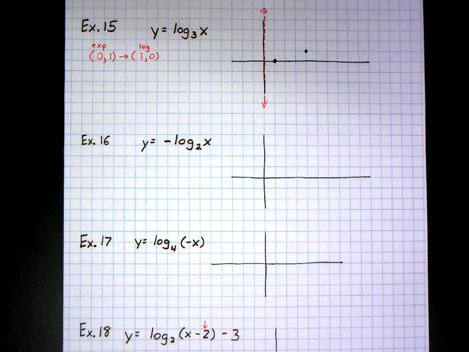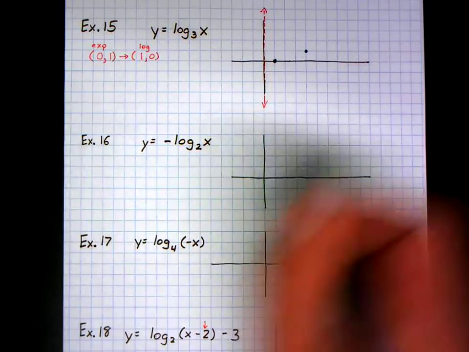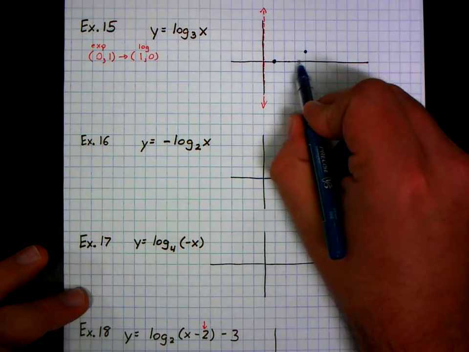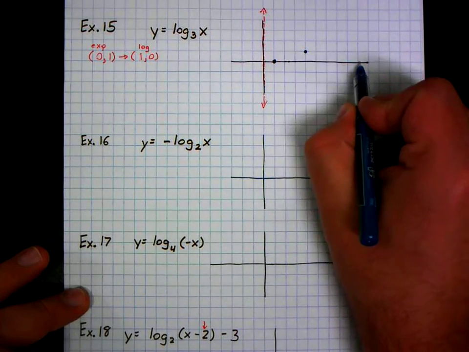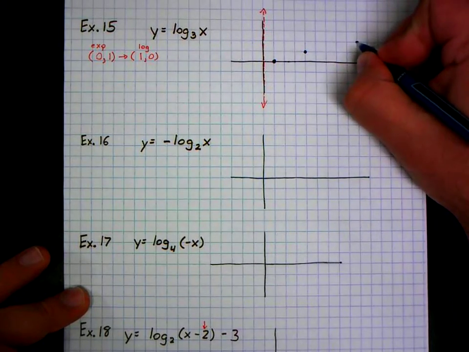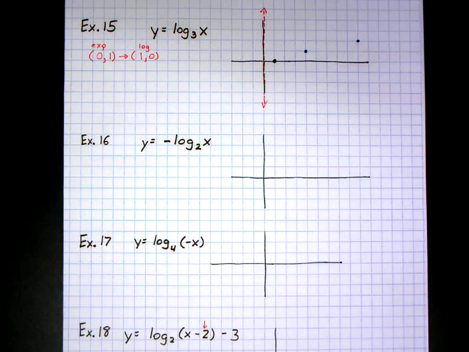What would be the next number I could plug in and get a whole number answer? 9. So the x values you plug in would be the powers of 3. I could plug in 9 and get 2 back as an answer. The next number I could plug in is going to be 27. Don't want to plug that one in.